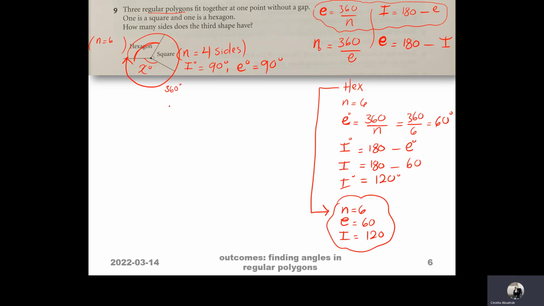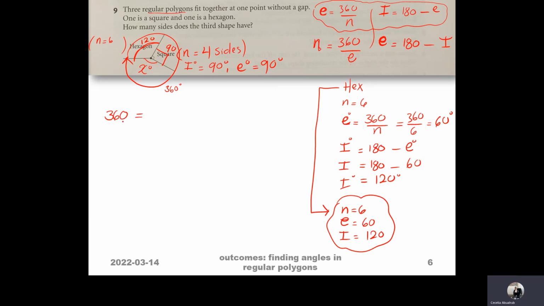Okay, and we know for a fact that for the 3 angles, the hexagon's interior is 120, and for the square it is 90. So the 120 and the 90 and the x are all angles at a point. So we're going to say they add up to 360.